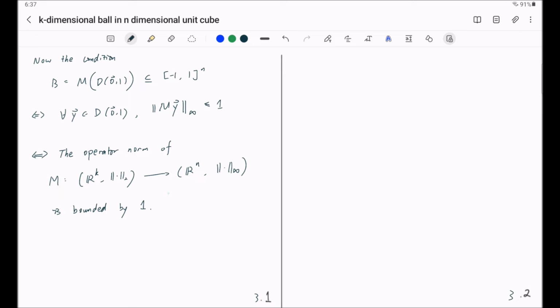Or you can use the fancy notation saying that the operator norm of M with respect to the 2 norm and the infinity norm is bounded by 1.